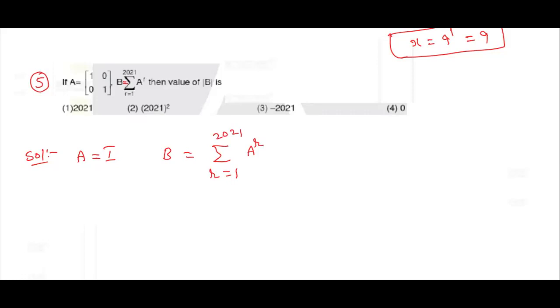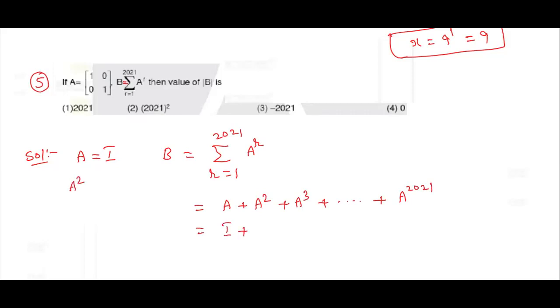Then determinant of B they are asking. Here expand the sigma: A, A square, A cube, and so on, A power 2021. Now see here, A means I.